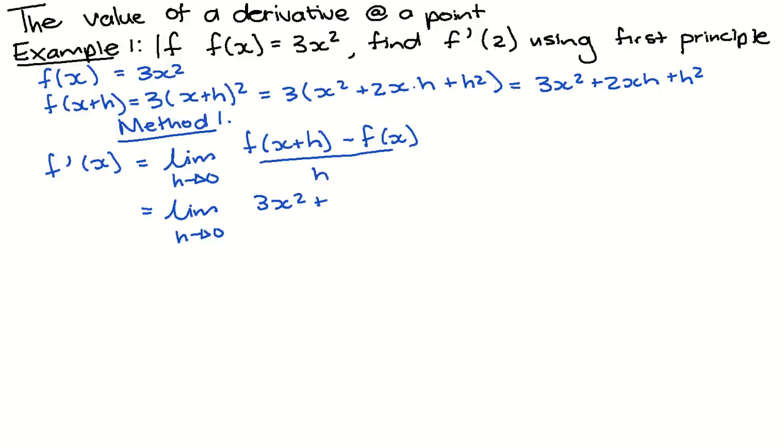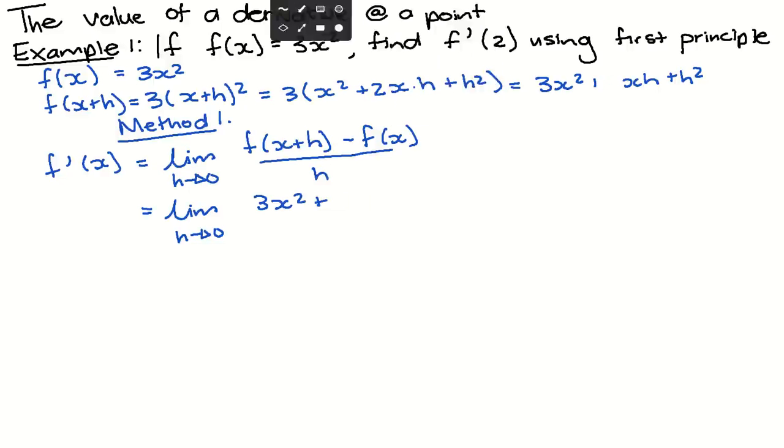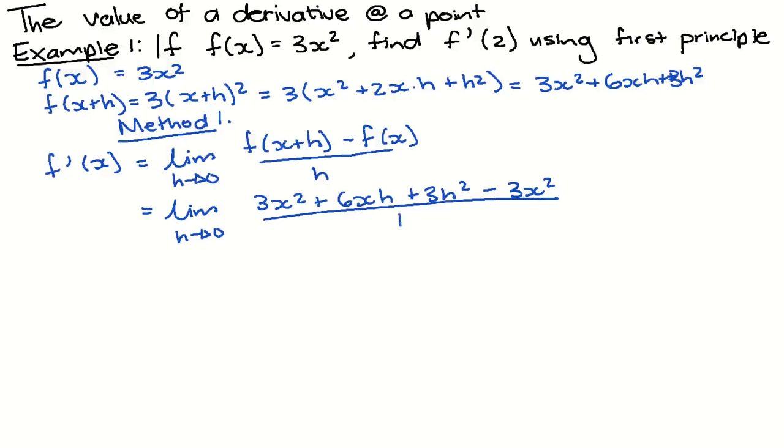I obviously did not multiply my 3 in here. I hope you guys were shouting at me and saying, ma'am, multiply the 3 in. Okay, so we end up having 6xh plus 3h squared. There we go. So 6x times h plus 3h squared minus 3x squared all over h.